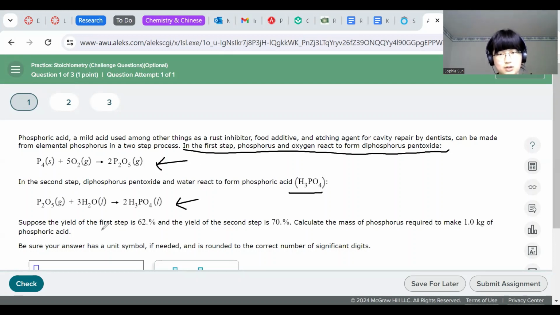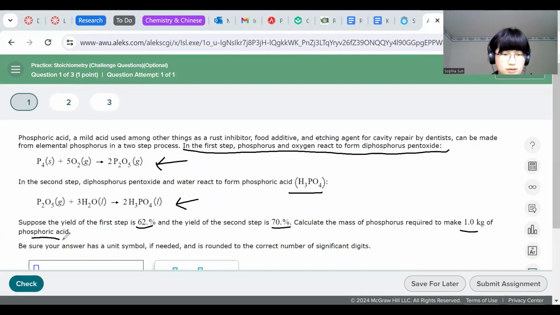So it now gives us the actual numbers we will be calculating with. Suppose the yield of the first step is 62%, and the yield of the second step is 70%. Calculate the mass of phosphorus required to make 1 kilogram of phosphoric acid.